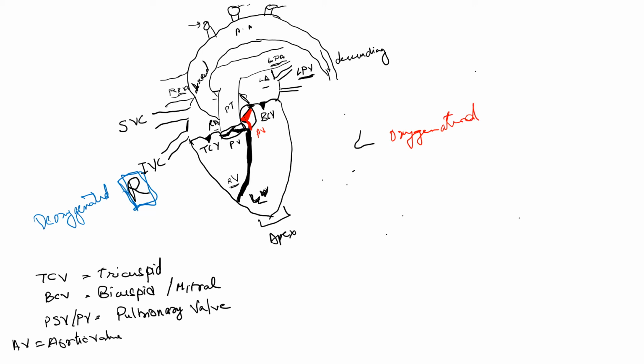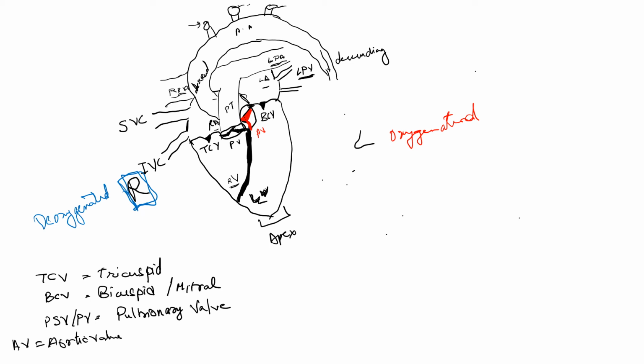Okay, because the left side pumps oxygenated blood to the body, whereas the right side pumps deoxygenated blood to the lungs. The pumping chambers are called ventricles. Keep that in mind. Okay, ventricles are the ones that do a lot of the job over here. Pumping chambers are the ventricles. All right, so let's get started.